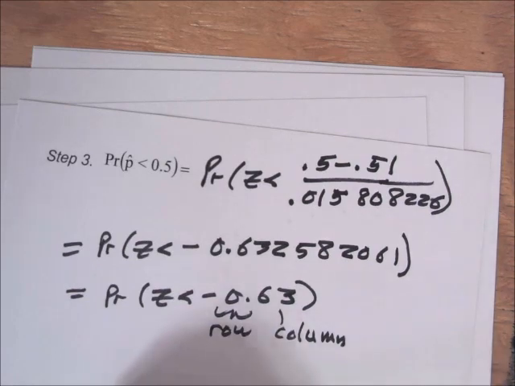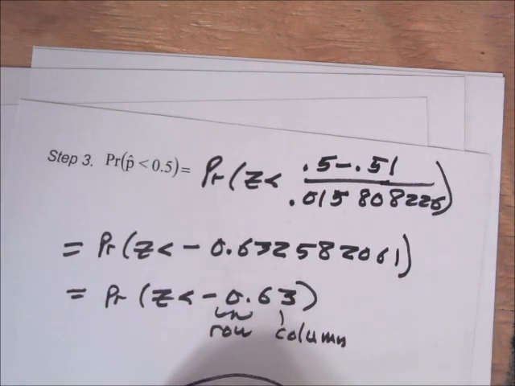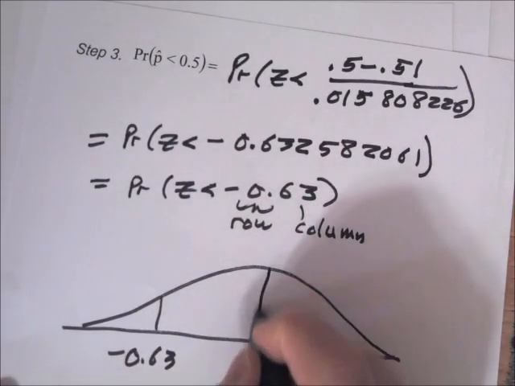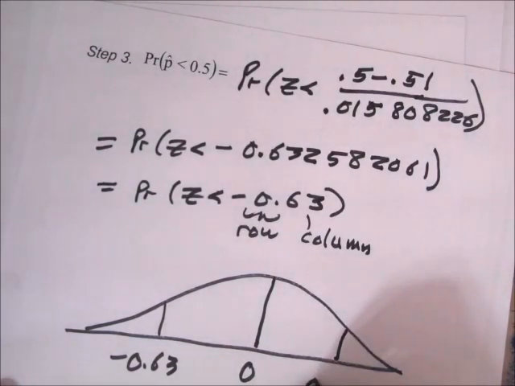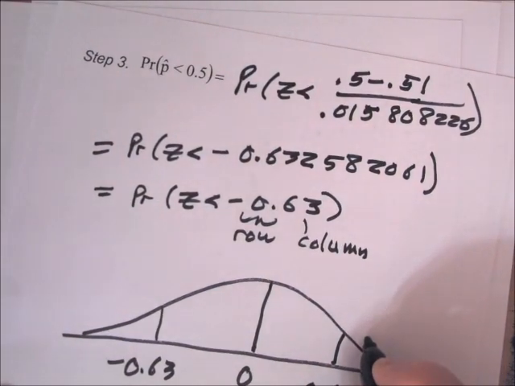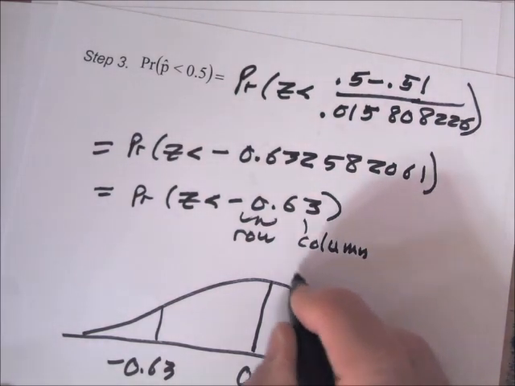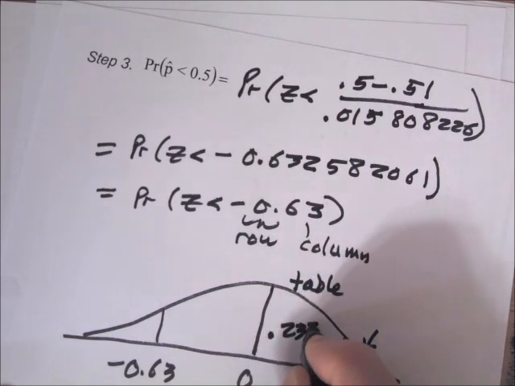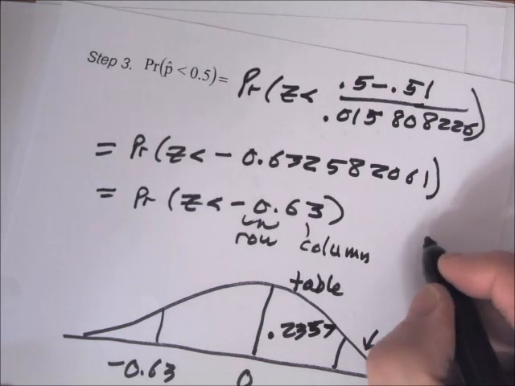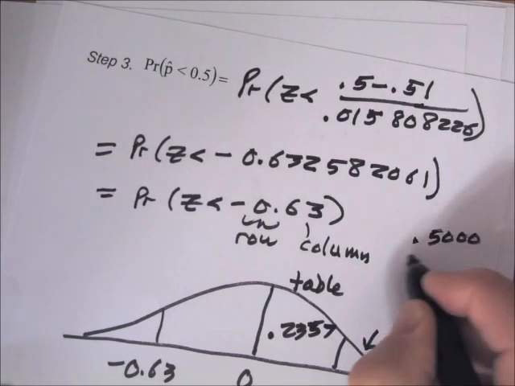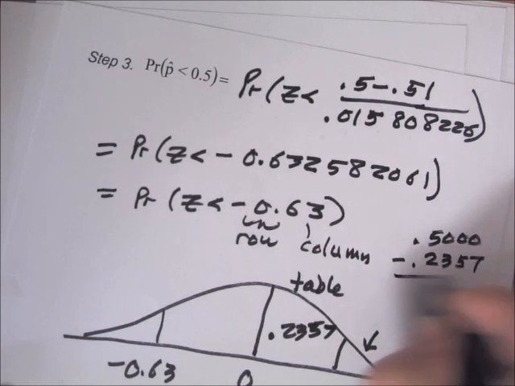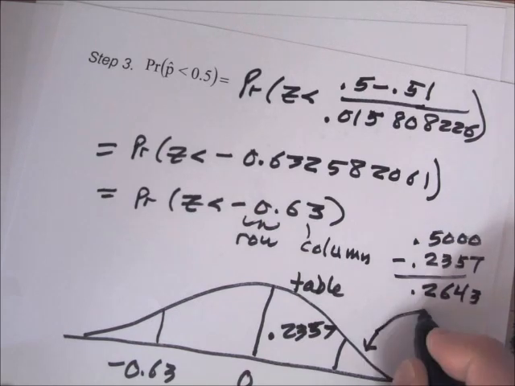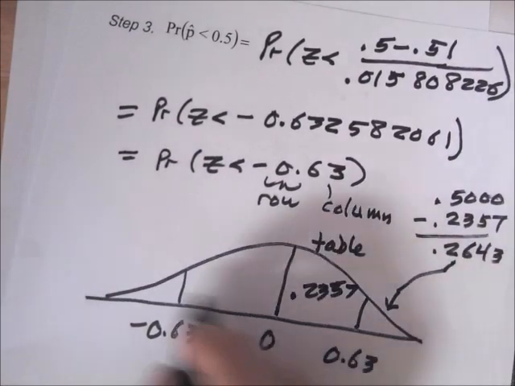I'll make a picture here. And again, you're using the symmetry. It's table 0.2357. And if we do 0.5 minus that, we get 0.2643, and this one's going to be the same.